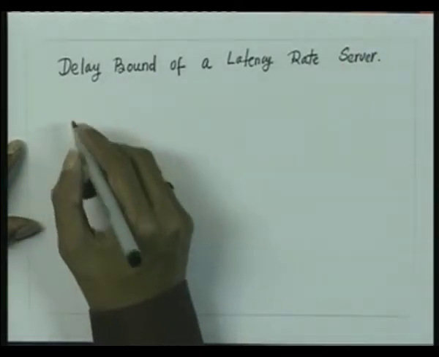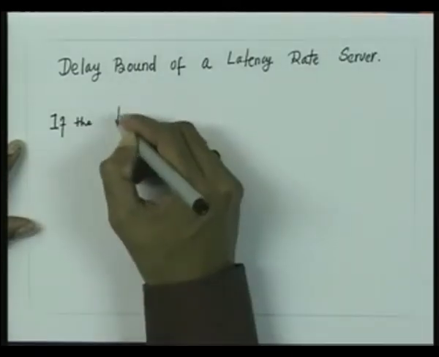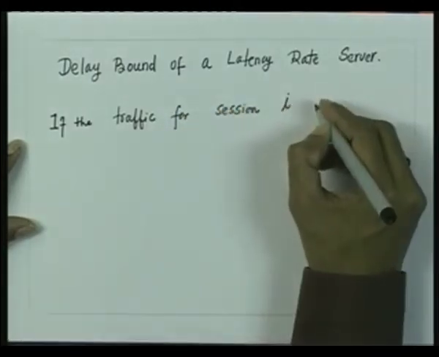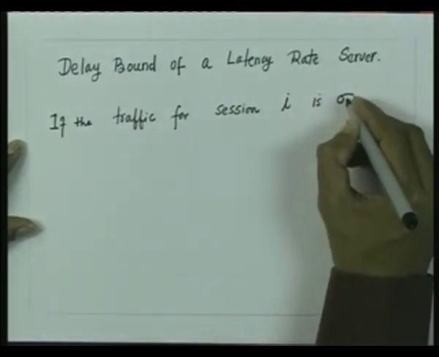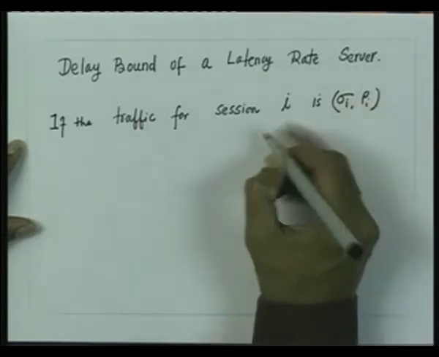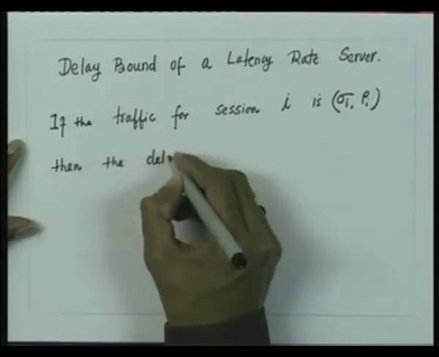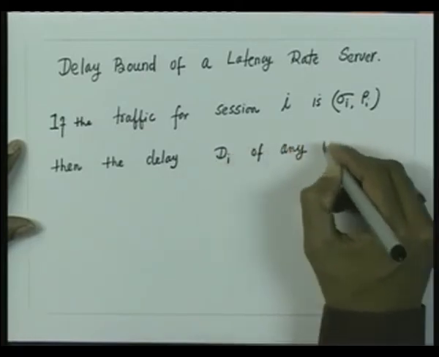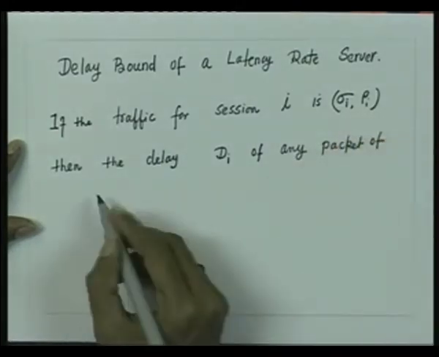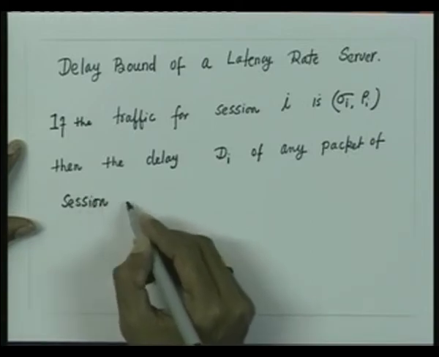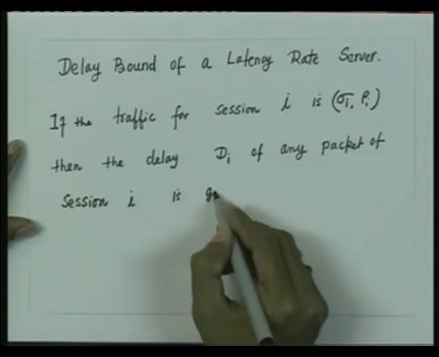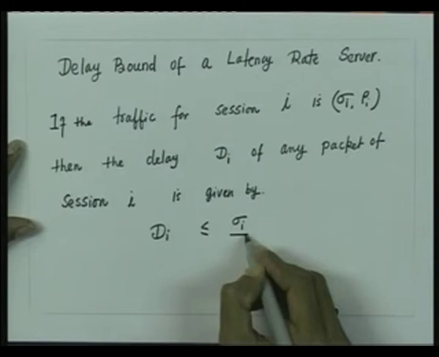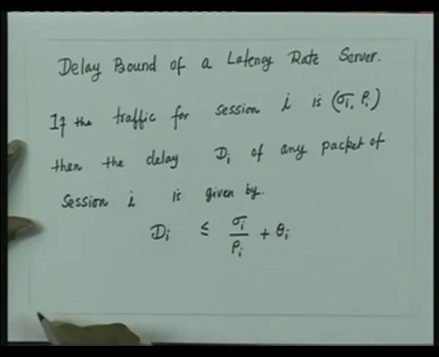We will try to prove that if the traffic in a latency rate server for session I is rho sigma regulated, that is sigma I, rho I, then the maximum delay d_i of any packet of session I is given by d_i less than or equal to sigma I upon rho I plus the latency.